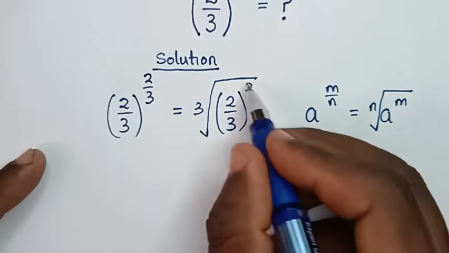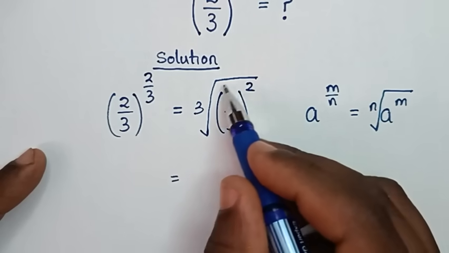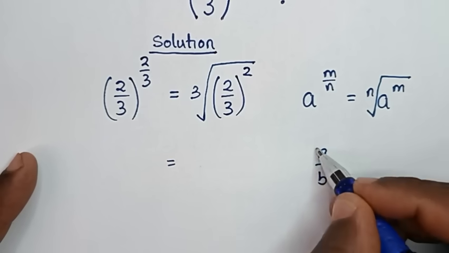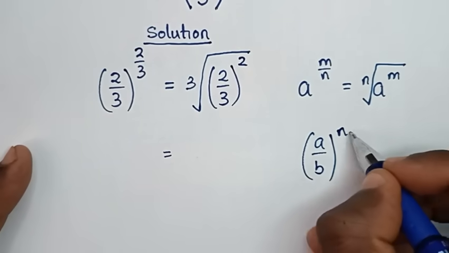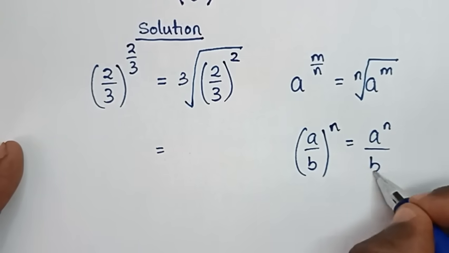So here, under the root, this part we will apply the rule, which is (a over b) power of n is equal to a power of n over b power of n.